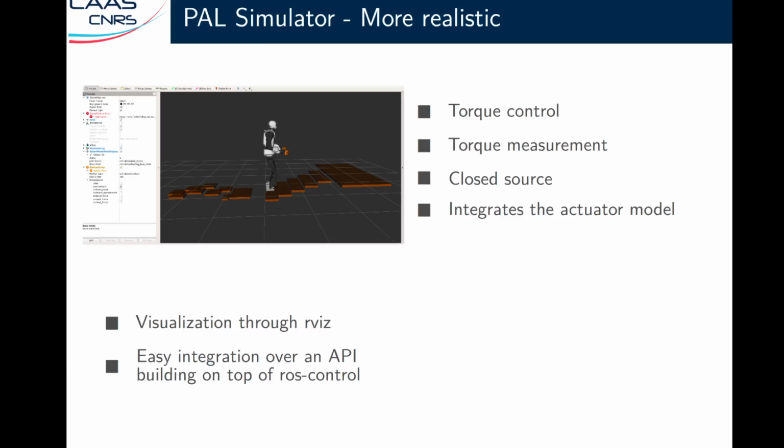The reason is that it integrates the controlled actuator model using a frequency model, and this allows you to be much closer to the robot, including some of the bandwidth limitation of the robot. Because it's not Gazebo, the visualization is done through RViz, as you can see on the left. However, there is an easy integration of an API which is built on top of ROS control.